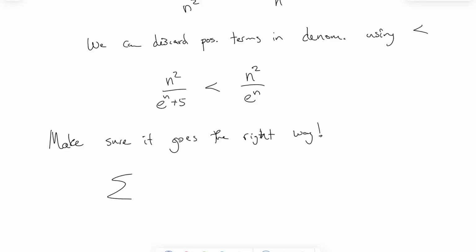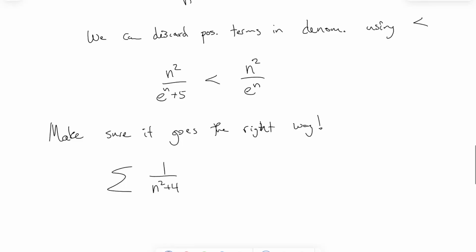For example, if I started with something like 1 over n squared plus 4, I can use my inequality to turn this into 1 over n squared, and it would be that way, right? Because I just took something out of the denominator, which makes the whole fraction bigger.